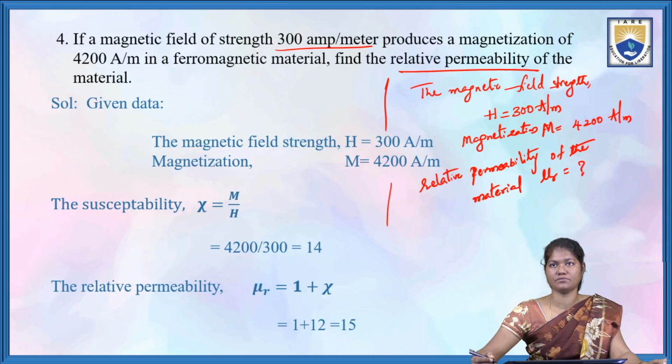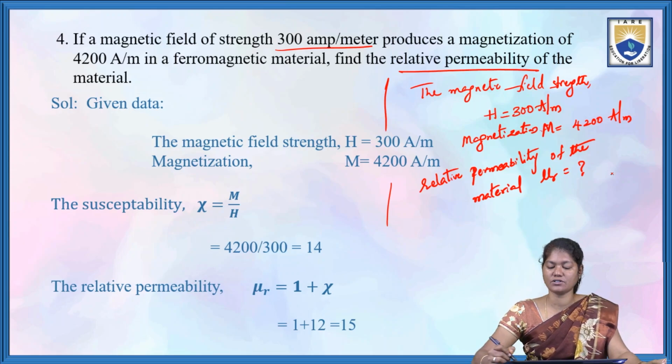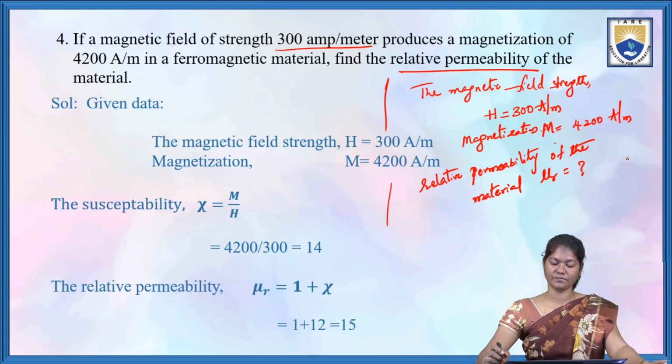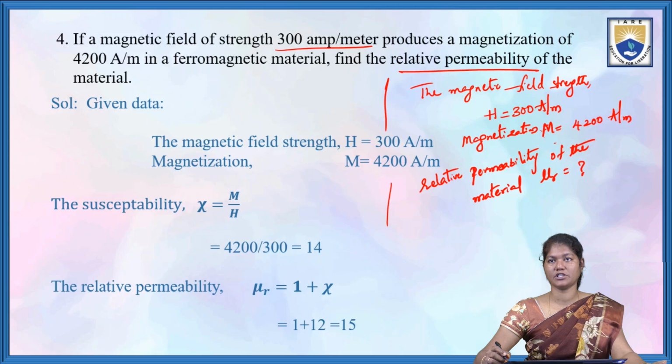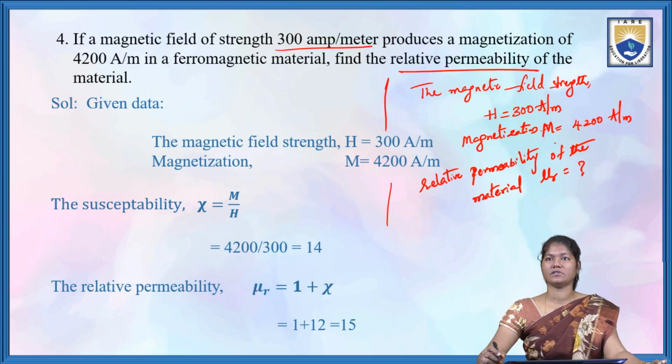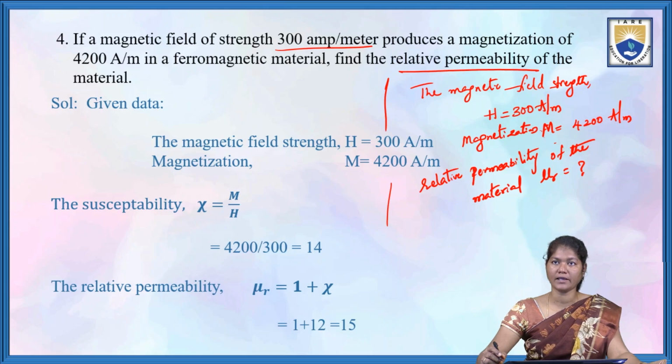To find the relative permeability, first we should know the susceptibility value. As we know, M, the magnetization, and H are both given in the problem. The relation between chi, M and H is chi is equal to M by H. So from that we calculate the susceptibility chi value. Then from the formula mu r is equal to 1 plus chi, we can find the value of mu r by substituting the chi value.